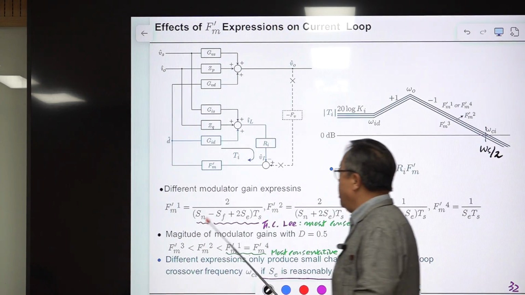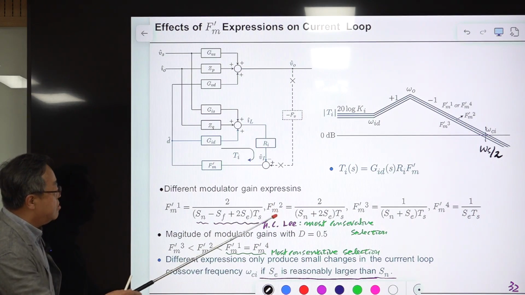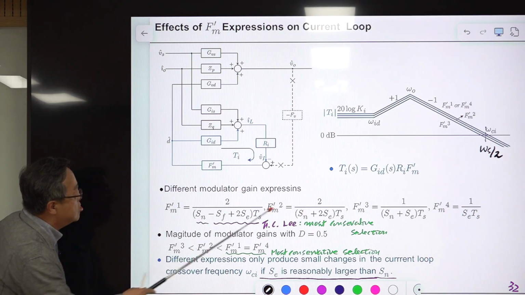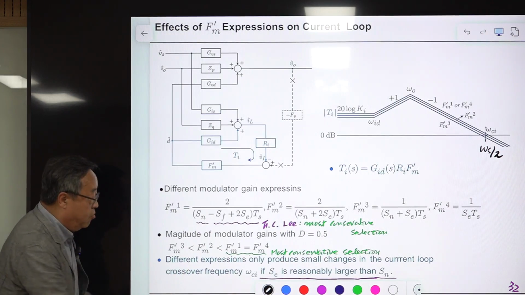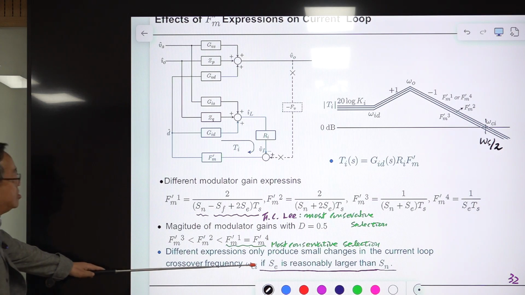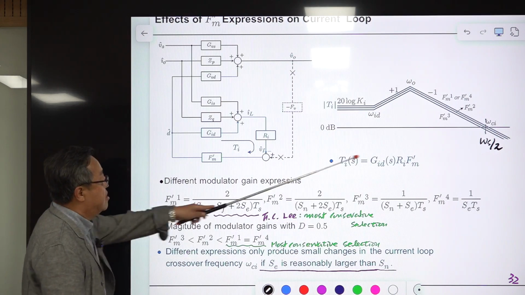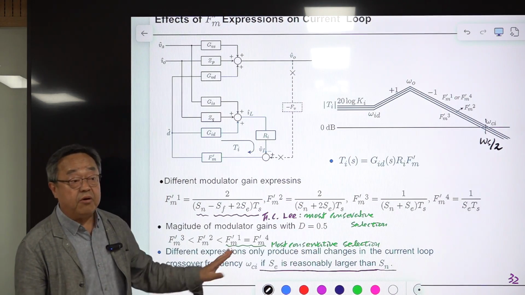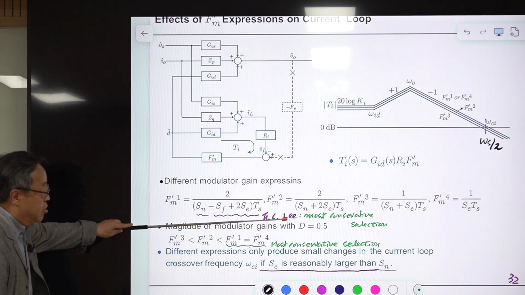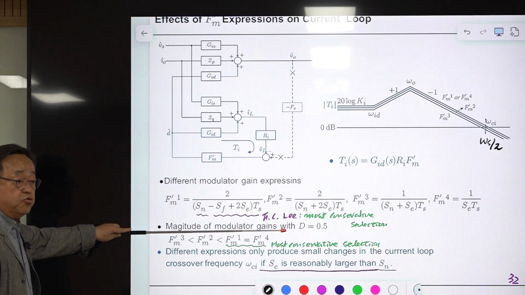But this difference will be very small, right? Assume this is very large compared with this one, then effectively the impact of this one will be very small. So if Se, the slope of the external ramp, is relatively larger than Sn, then this difference will be very small. So it really doesn't matter which one you are using. If you use this one, that is the best selection in terms of the conservativeness of your design.